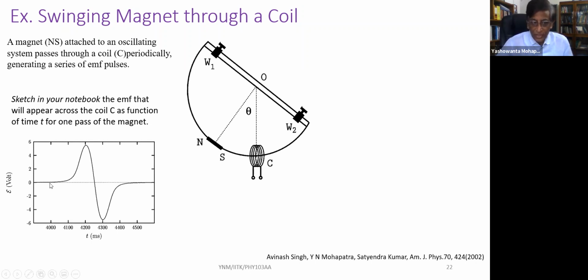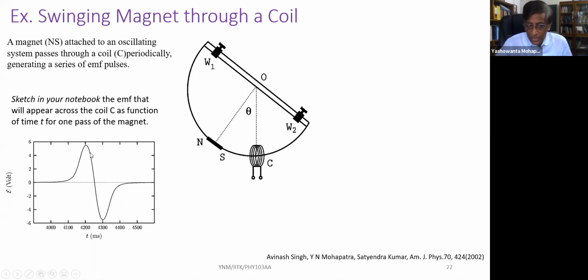Initially the magnet is far away, so there is zero flux change and zero EMF. Then as the magnet approaches, the flux cutting increases, and then it is fully in the middle. After that it recedes, and the flux decreases.